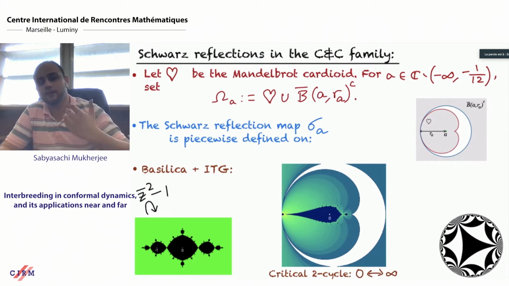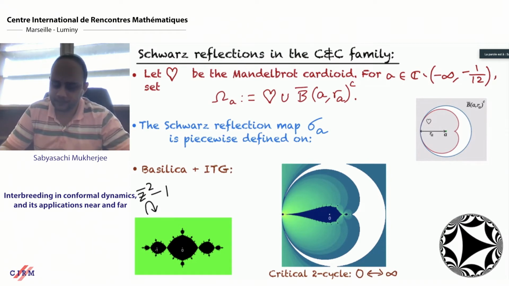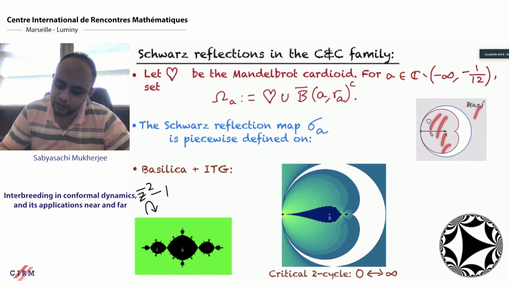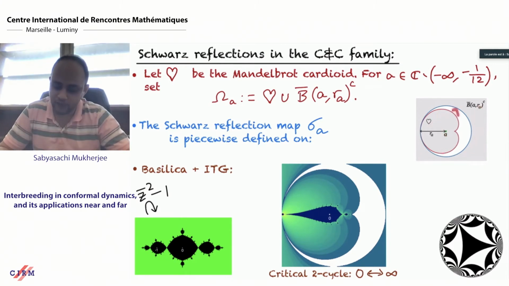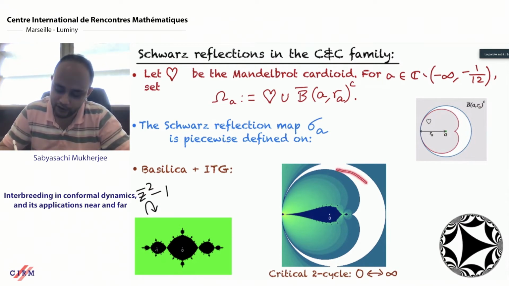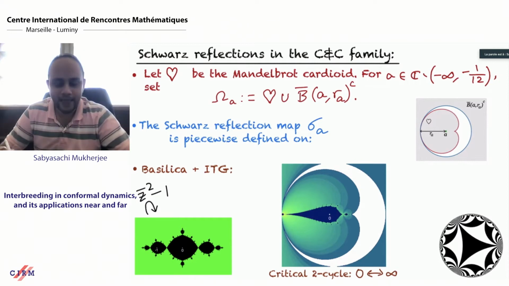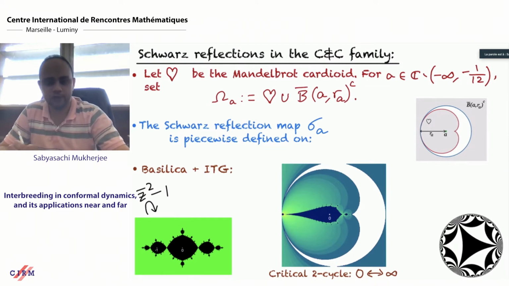And these Schwarz reflection maps, because they are only defined on the union of the cardioid and the exterior of this blue circle, also have a non-escaping set and an escaping set. Escaping set is the set of all points that eventually escape here. The picture obviously cannot show the whole dynamical plane because there is a point at infinity here. I'm only showing the bounded part.